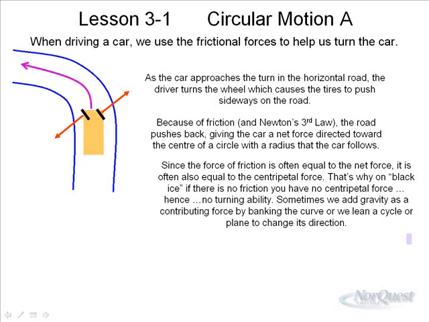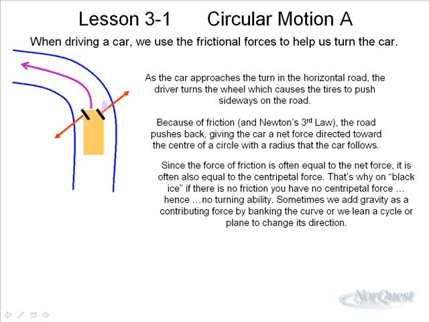Now, if you were on black ice, what would happen is when you turned the wheels, the tires would want to exert a force on the road, but the friction between your tires and the road is based on the nature of those two substances. And if you have black ice, the tires sometimes can't grab onto it.